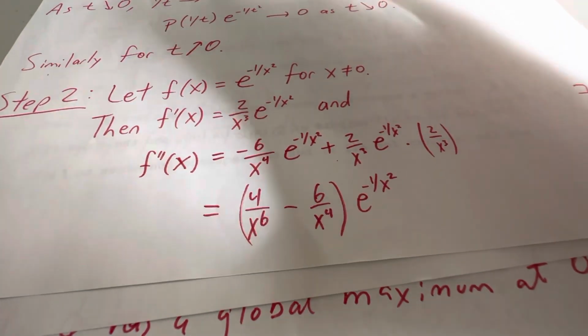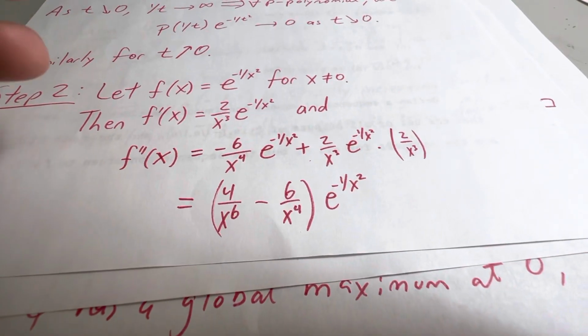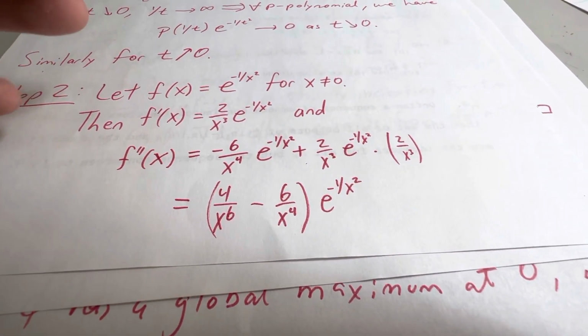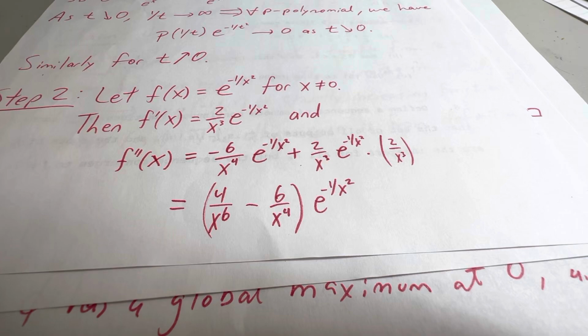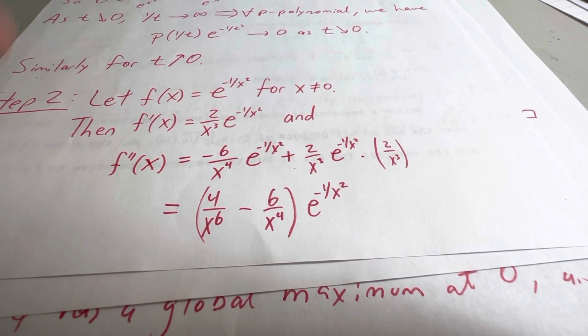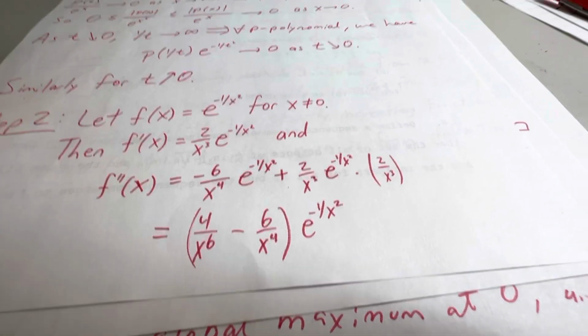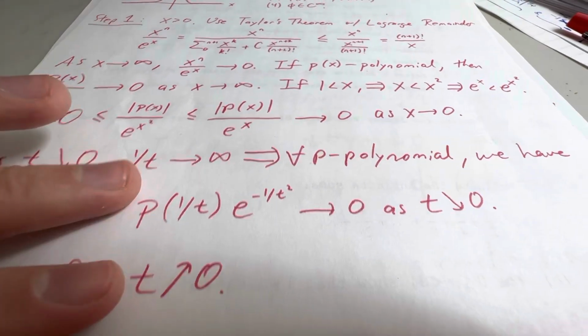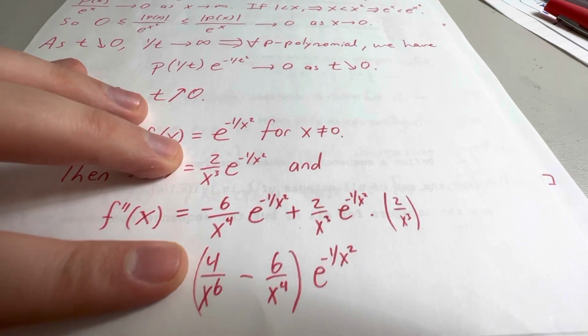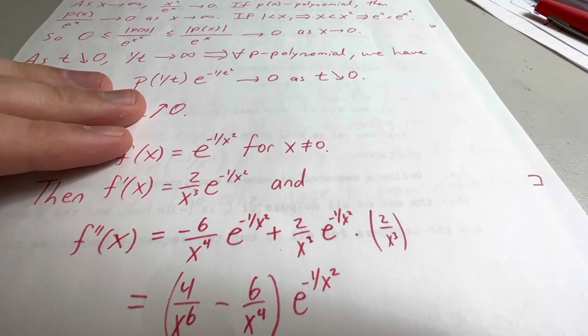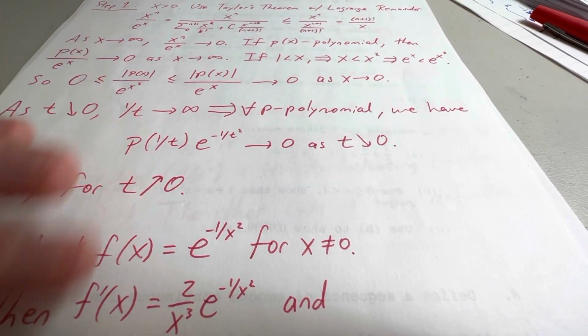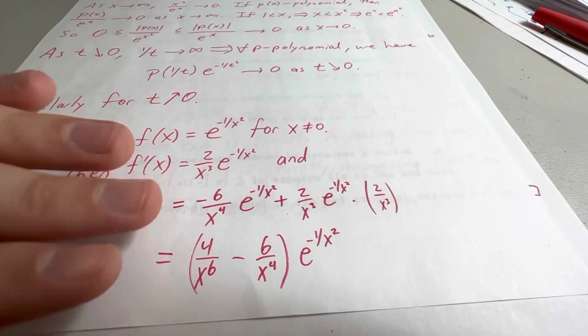It doesn't look like a polynomial because we're used to seeing the variable as just an x or a y or a u or whatever. But remember, it's a polynomial of 1 over x, kind of like this up here. This is a polynomial of 1 over t. This is a polynomial of 1 over x. And this is why we go through all of this up here, because it comes in useful down here.